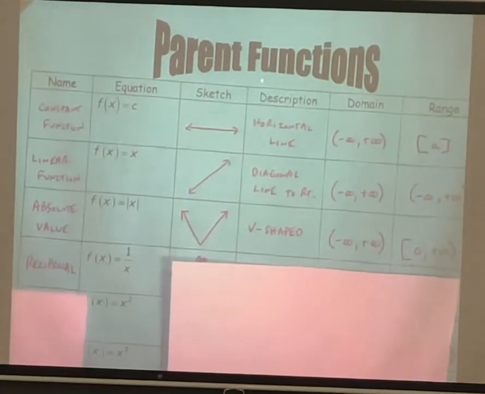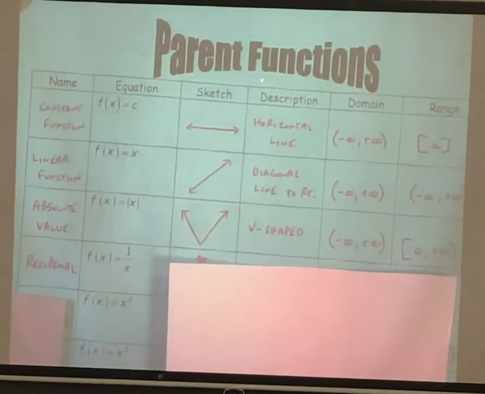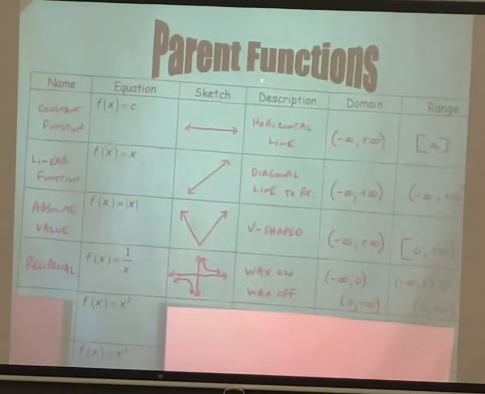The fourth one is called the reciprocal function. F of x equals 1 over x. The description that we use for that one to help you remember it is wax on, wax off. So if you've seen the Karate Kid before, Mr. Miyagi teaches them wax on, wax off.